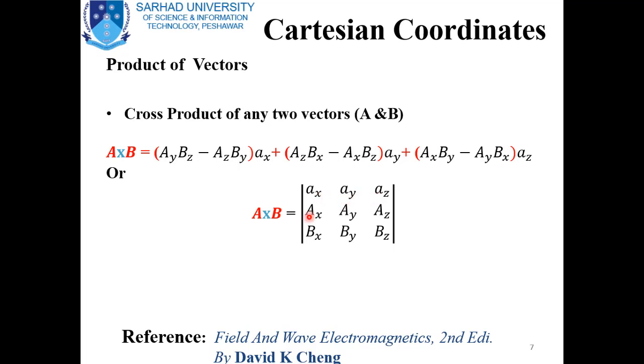In the second row we will write the elements of vector a, which are ax, ay and az, and in the third row we will write the elements of the second vector, which are bx, by and bz. So if we expand this matrix from the first row, we will have a similar result to what we obtained here by ordinary multiplication and by following the right hand rule.